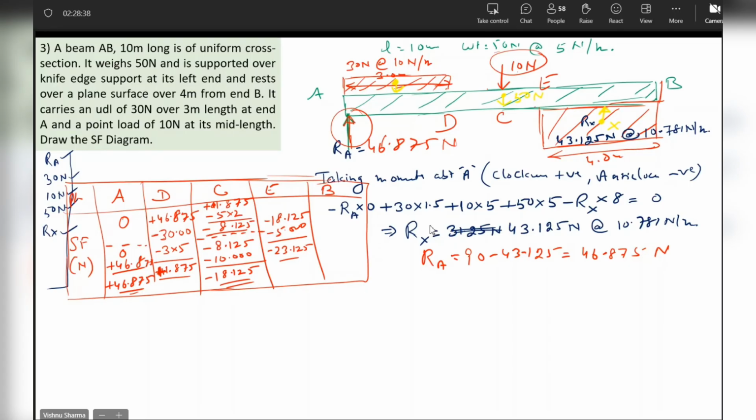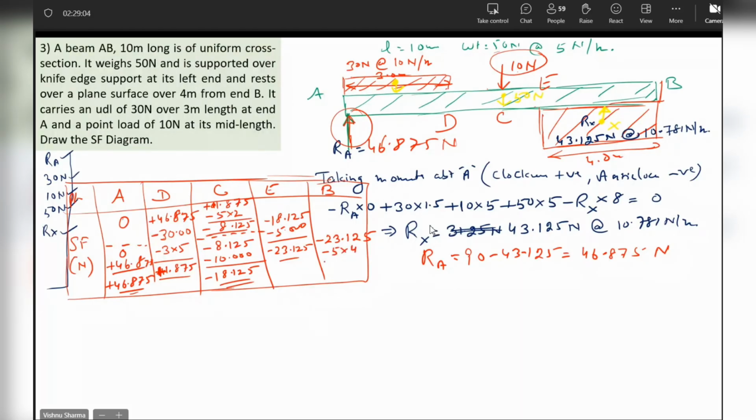If we have made any mistake, it will not come 0 at the end. Don't worry. Somebody was asking me about an inbuilt check in bending. There is an inbuilt check in this one, not in the bending. Now from E to B, the changes taking place are 4 meters weight of the beam. So minus 5 into 4, E to B. Yes, sir.